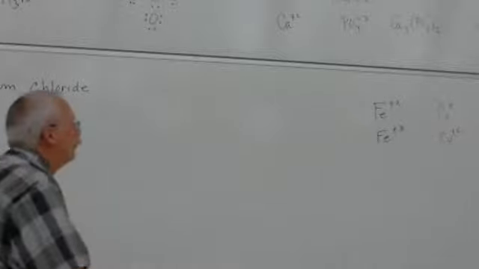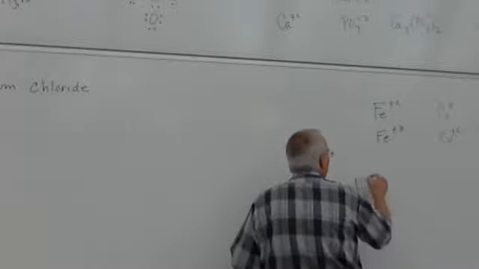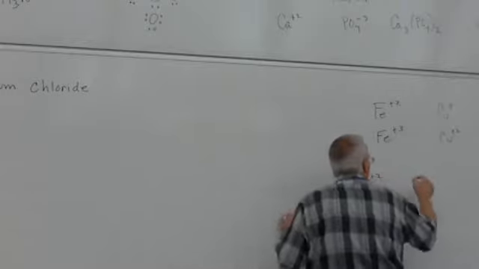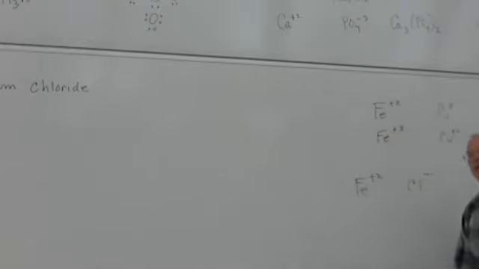When I write the name, let's say it's iron +2 and chlorine, which is a -1. Let's write the formula first. The way I would write this name is iron 2 chloride.